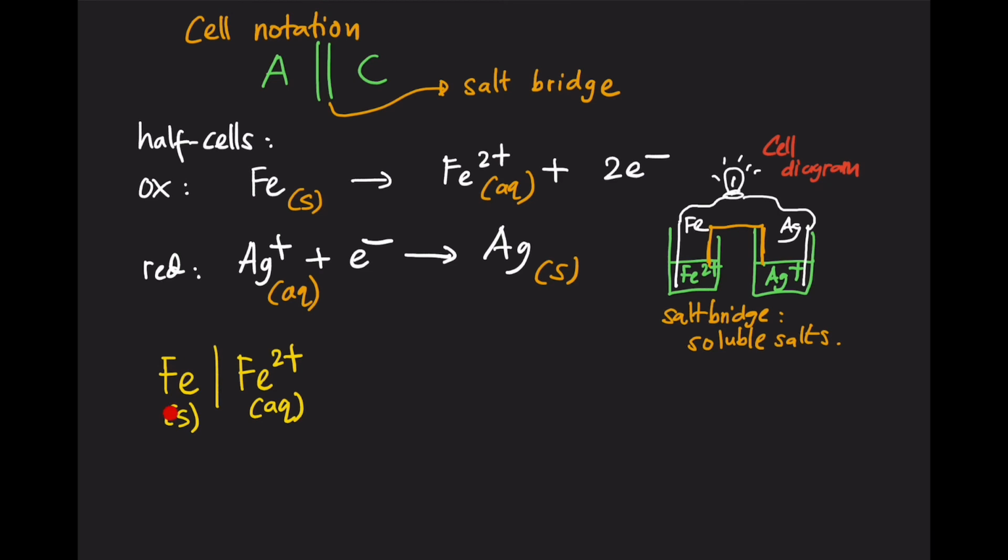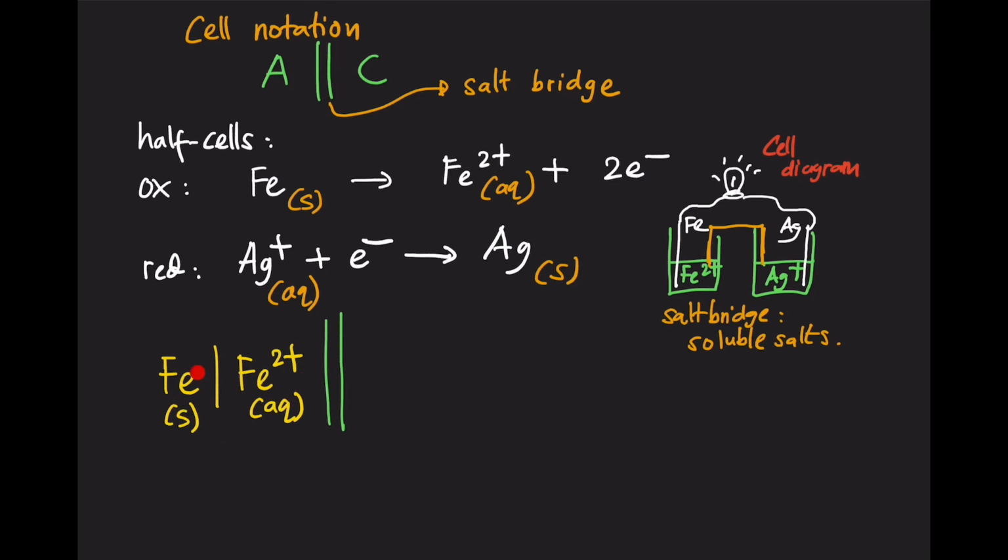Whenever we change phase from solid to aqueous, we write down a vertical line, but only one in this case. In writing the cell notation, first we write the anode and then the cathode, separated by a salt bridge, which is represented as two vertical lines like this.